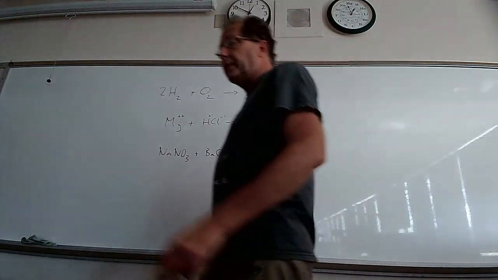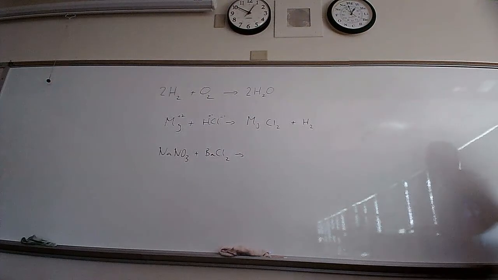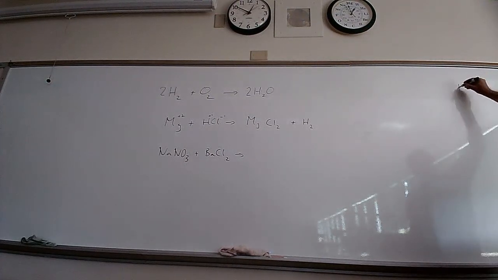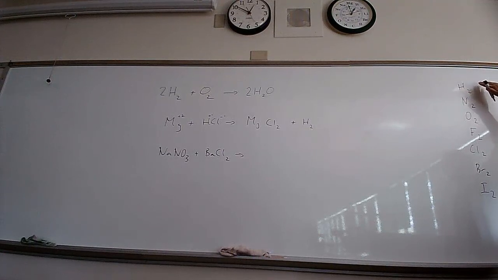But just in case you want to know, the ones that form stable diatomic molecules are H2, N2, O2, and the halogens: F2, Cl2, Br2, and I2. Love chemistry. So when they're by themselves, they get a 2. I believe that's what I've said in the past. H2, N2, O2, F2, Cl2, Br2, and I2.